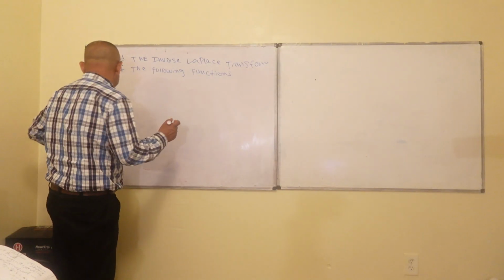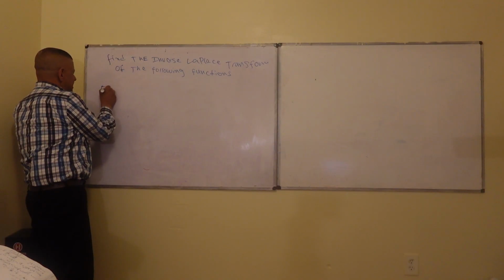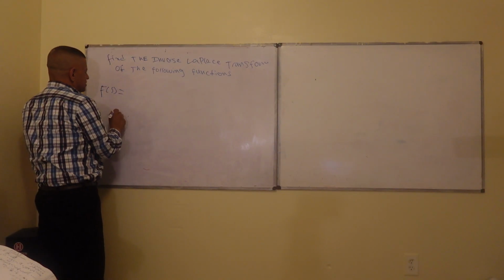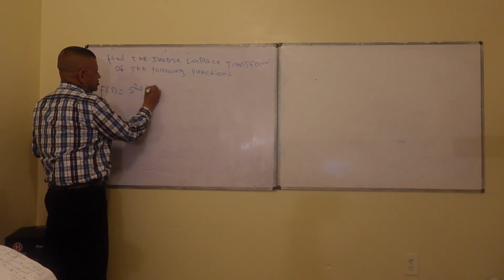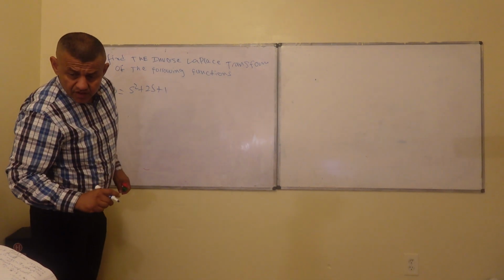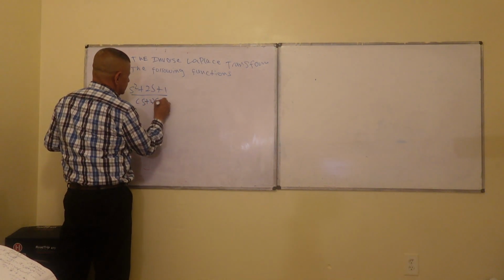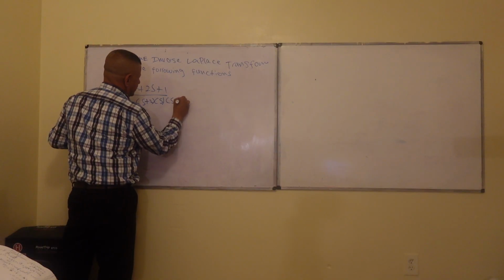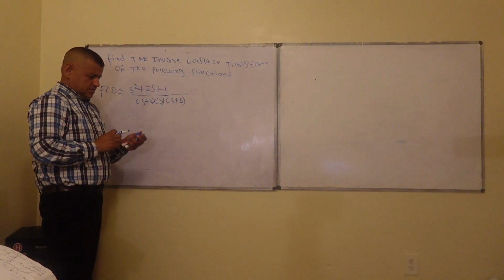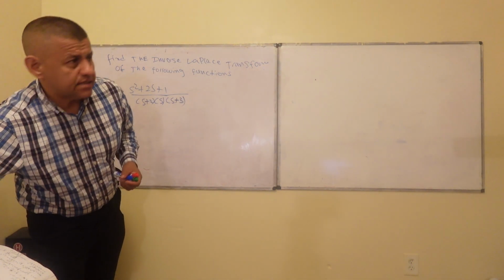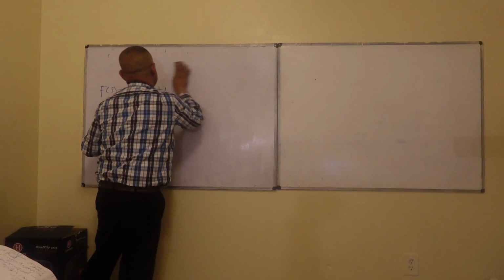The Laplace transform given to us is F of s in the s domain, and we need to find back the time domain. It is equal to s squared plus 2s plus 1 over s plus 2 times s times s plus 3. Let me move this up, because I need some room here.